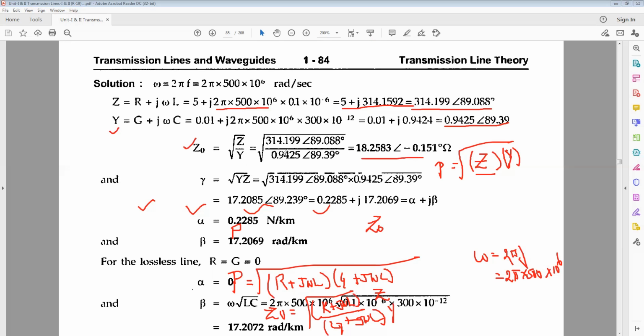Here you divide the magnitudes and subtract the angles: 89.088 minus 89.39. Since 89.39 is greater, you get a negative value, 0.151. Then divide these and apply the root to get 18.25.